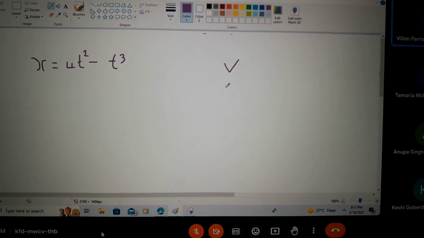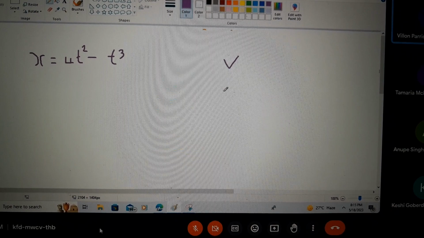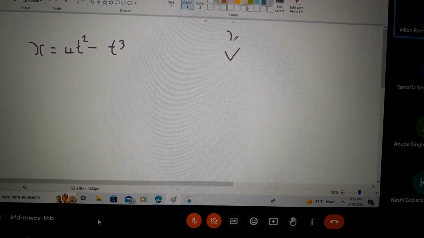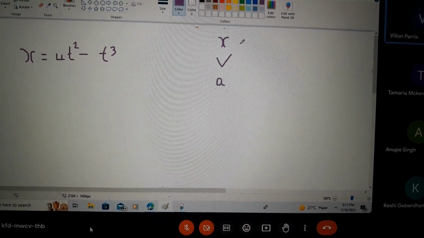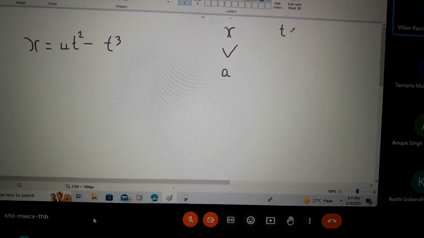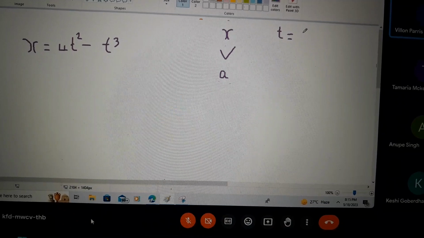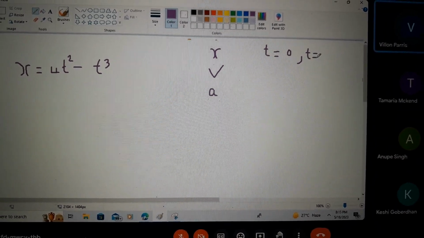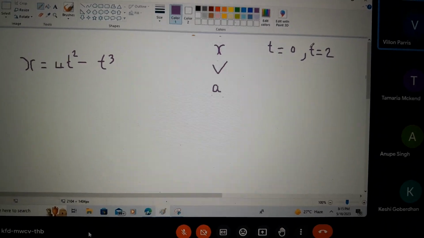We are asked to find everything: displacement, velocity, and acceleration when time is equal to 0 and when time is equal to 2. And this is in seconds, right?